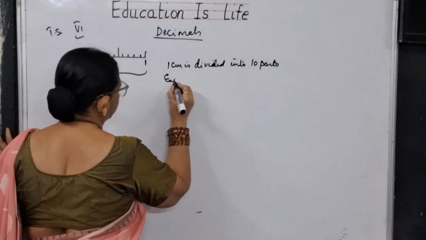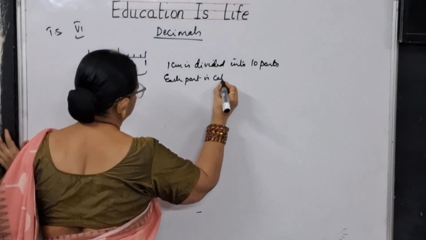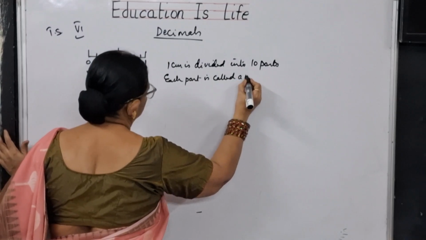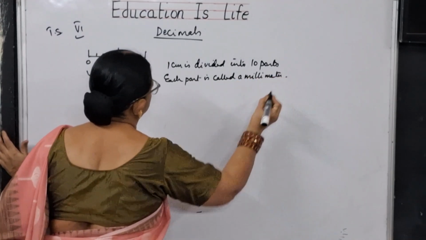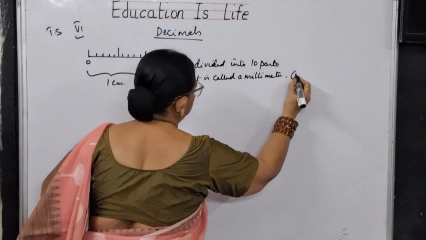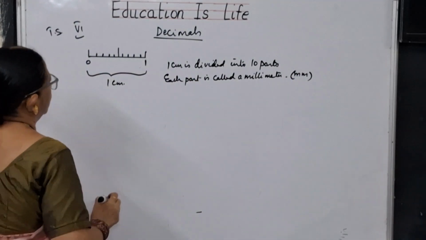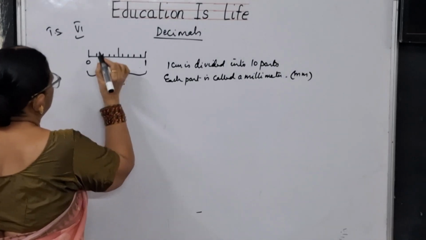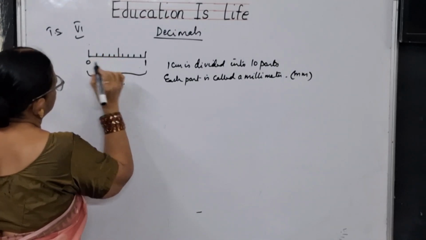So each part is called a millimeter. This is denoted by mm.